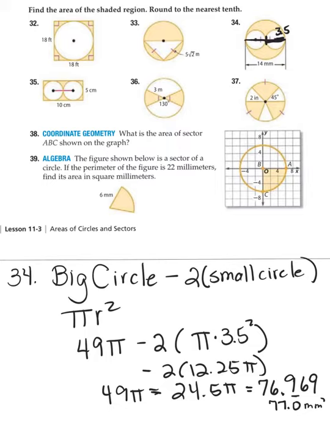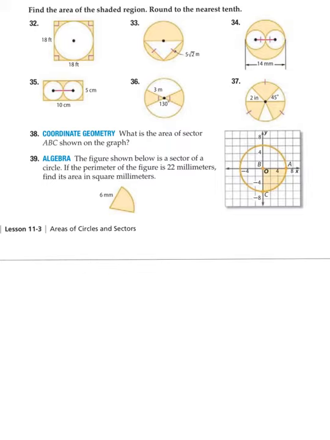Let's look at 35. We have a rectangle, and we're removing from it 2 congruent circles.